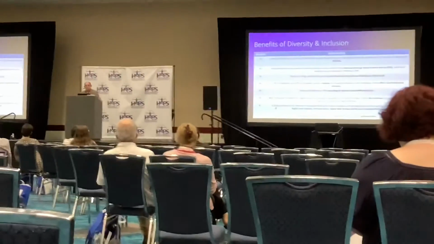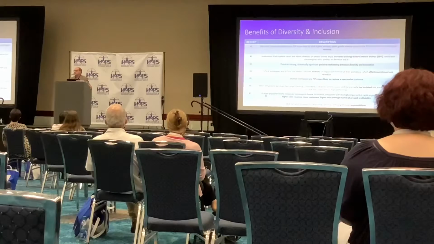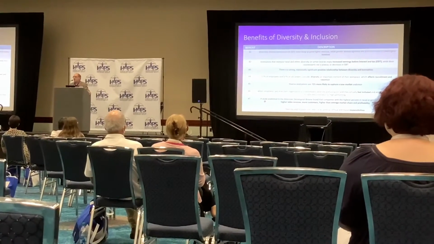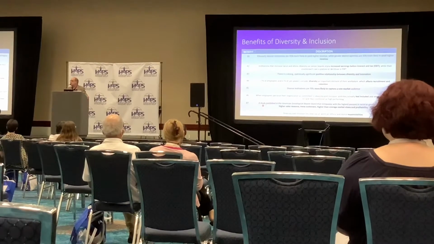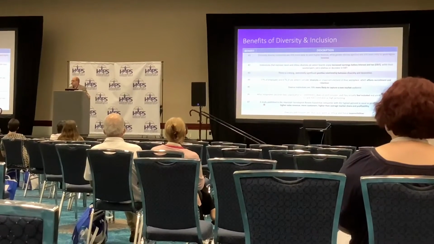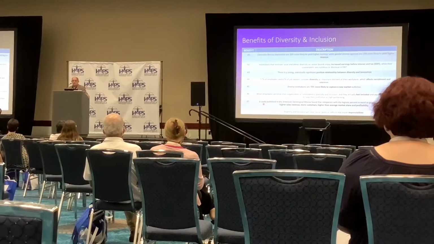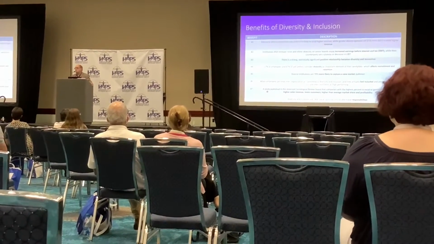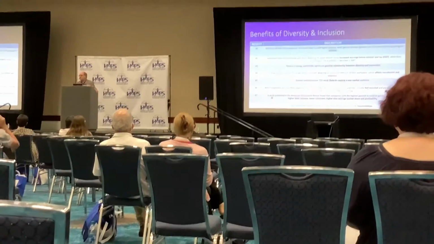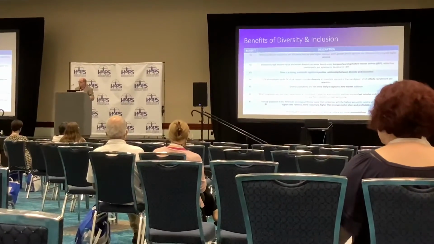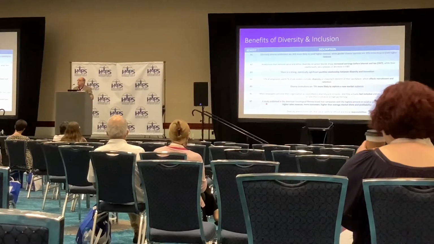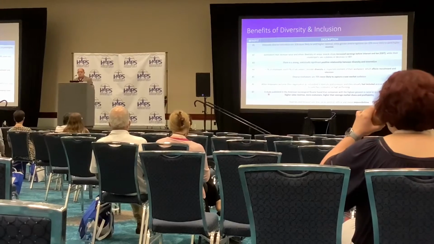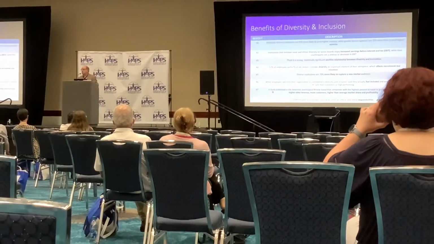Those institutions that are more diverse are more likely to capture new markets. And those institutions that are more diverse have employees that feel included. And if you feel included, you are more likely to rate your university or your institution as satisfactory. If you don't feel included, then you are also not as likely to go out and express to others that your university is inclusive.